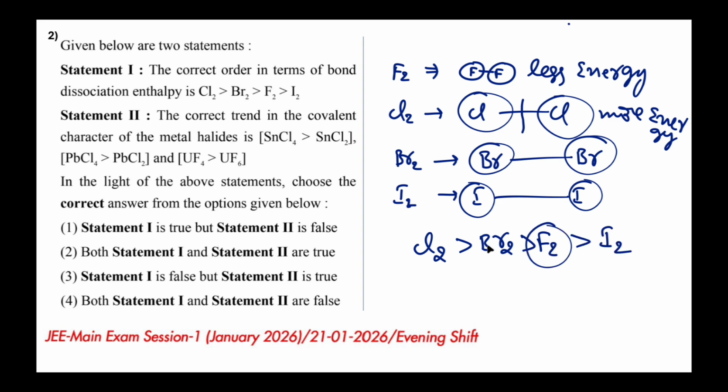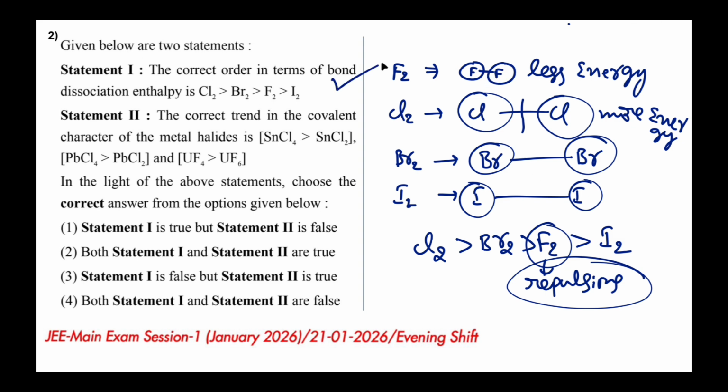Why is fluorine lower than bromine? Due to the presence of repulsions between 2 fluorine atoms. The 2 fluorine atoms are very close to each other, so some repulsions will arise. Because of those repulsions, less energy is required to break the fluorine-fluorine bond in the fluorine molecule.